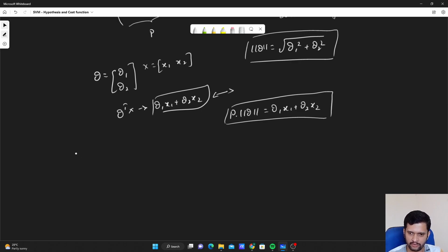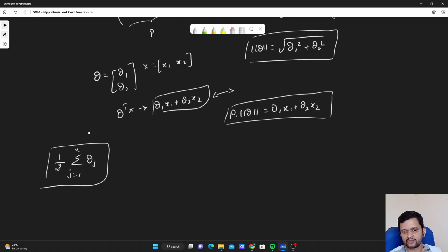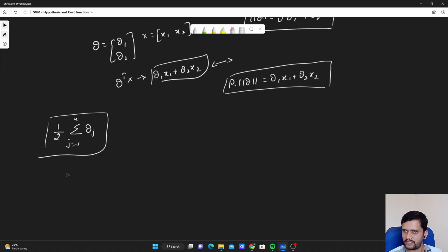Now remember, we are minimizing the sum over j equal to 1 to n of theta j squared, with 1 by 2 here, correct? This we have to minimize. We have to arrive at some small values of theta in order to minimize the overall cost function.